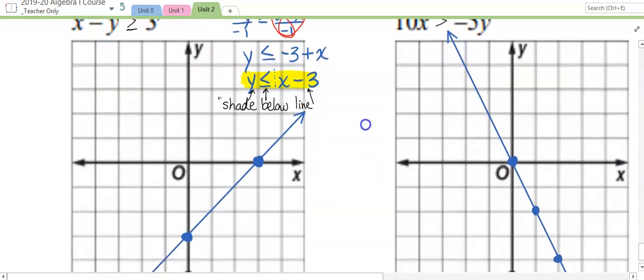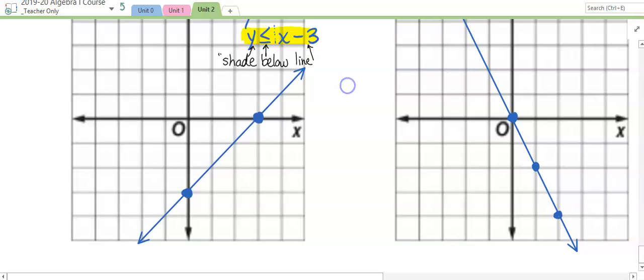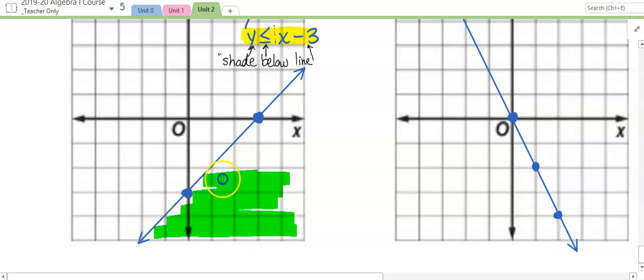Shade below the line. So I'm going to pick up my highlighter to shade. Which part of my graph is below the line? It would be this section right here. So I shade below the line.